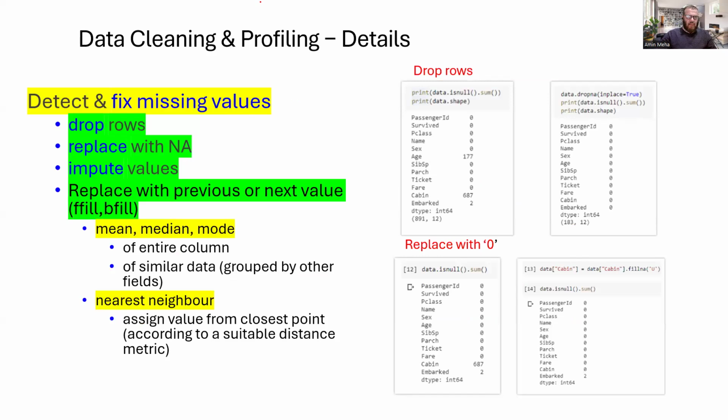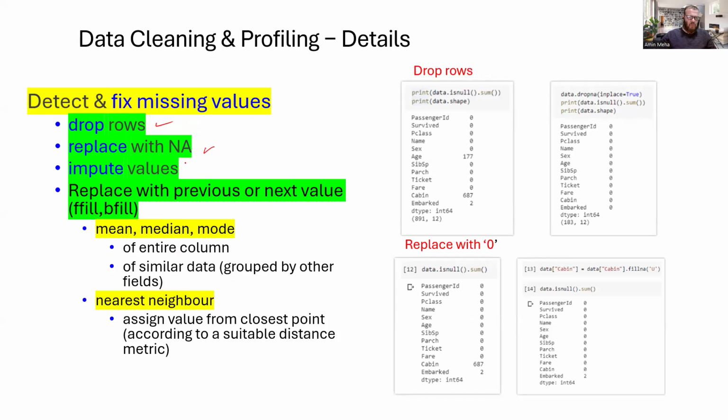Then, data cleaning and profiling again. I'll give you some examples. We can drop rows. We can replace with NA, not available, or empty.